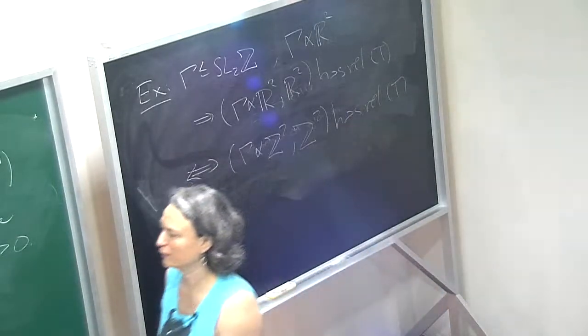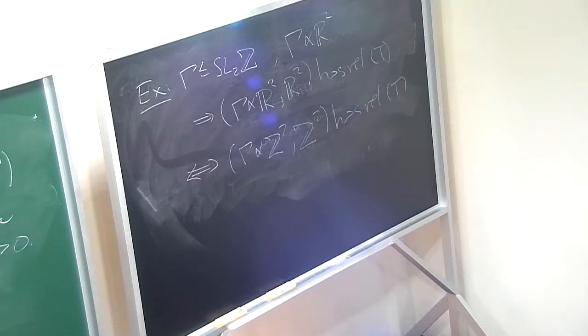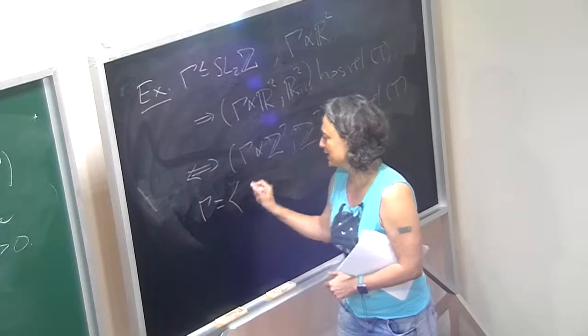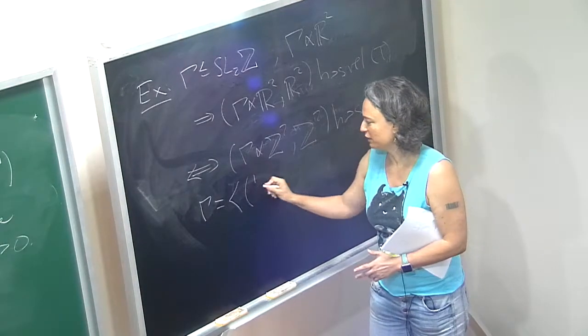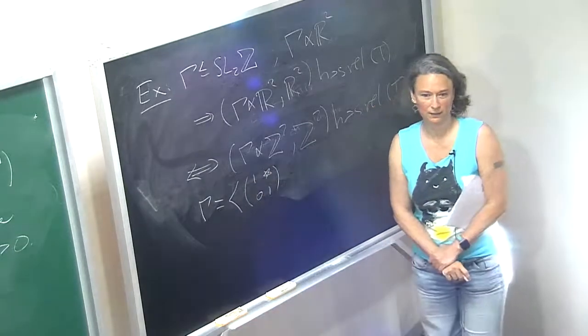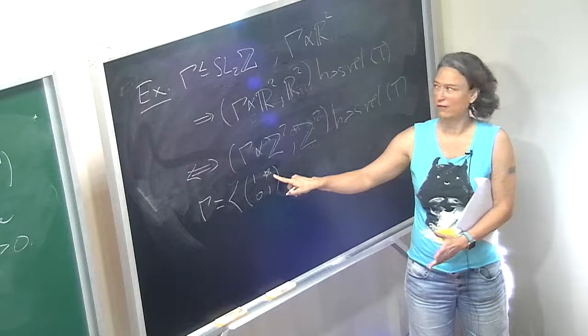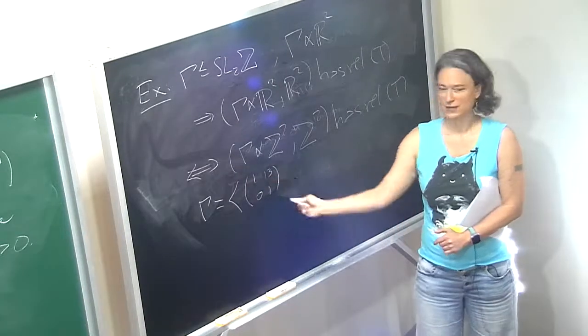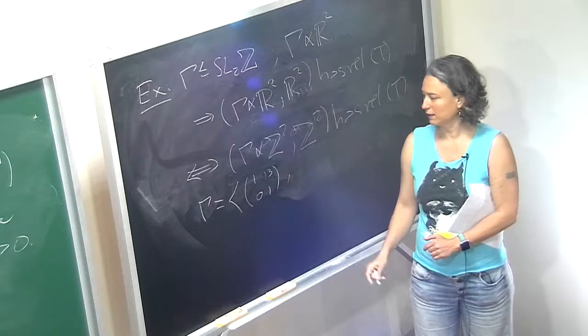So I want to avoid being precompact, and I want to avoid preserving a subspace. Well, one way to do that, and I'll leave it as an exercise to verify, is I can take my gamma to be generated by any unipotent I want. So pick your favorite integer, let's say 13. (1 13; 0 1) is one of my generators.